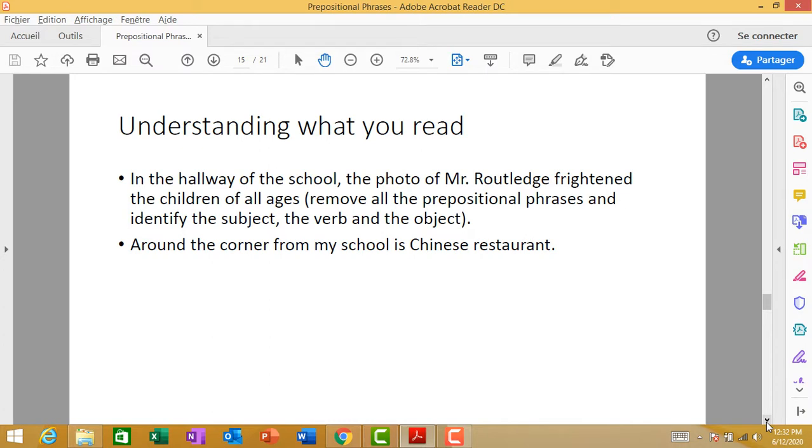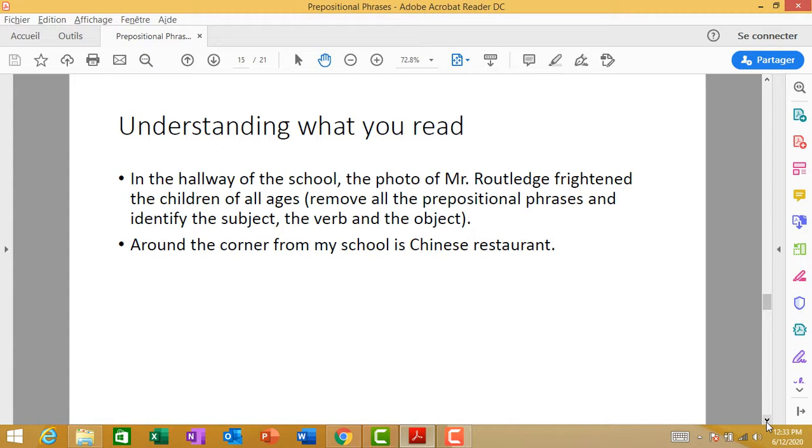Now, how do they help you understand what you read? Like we said earlier, no part of a prepositional phrase can be the subject of the sentence. So let's look at this sentence. In the hallway of the school, the photo of Mr. Routledge frightened the children of all ages. So now we're going to try to identify the subject, the verb, and the object.